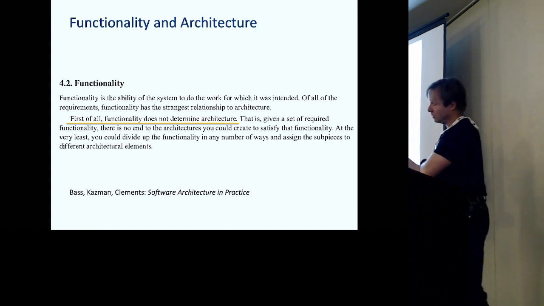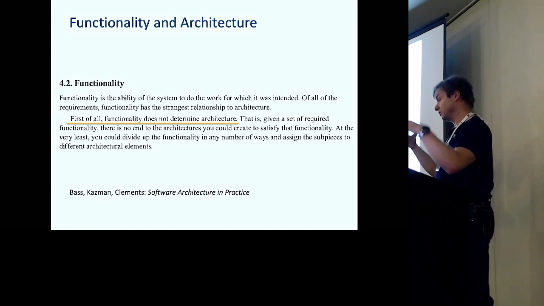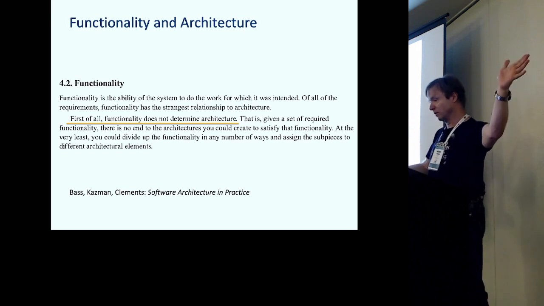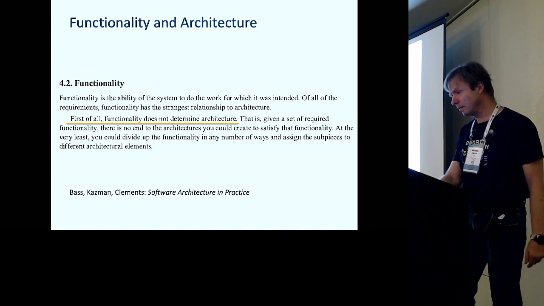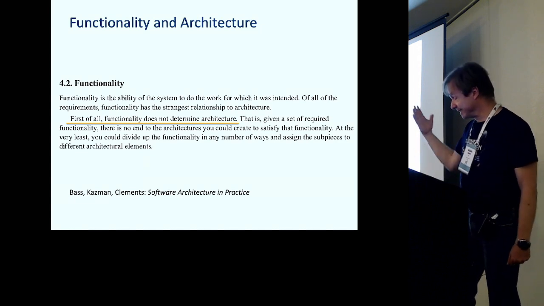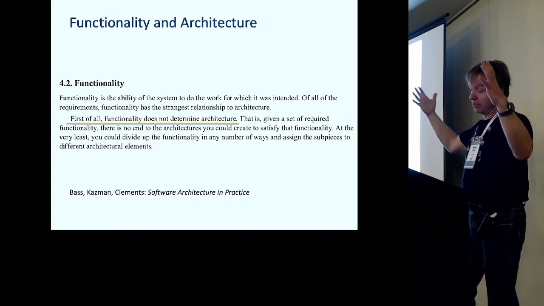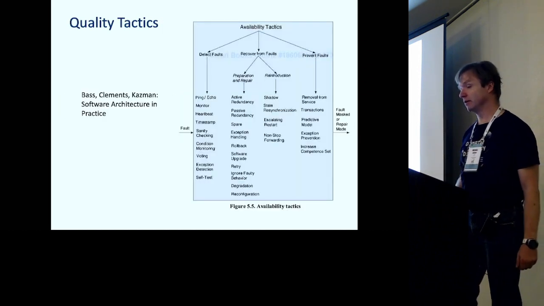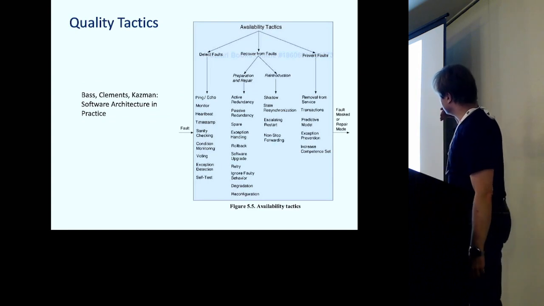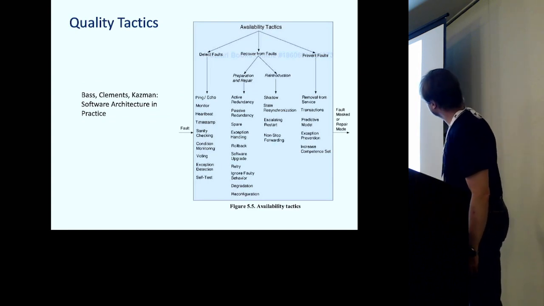Just to get you in the mindset, we've talked a little bit about requirements. The things we talked about were mostly the functional requirements. But it does make sense to think about the other qualities a system might have in a more systematic manner. And what this community typically does is something called quality tactics.